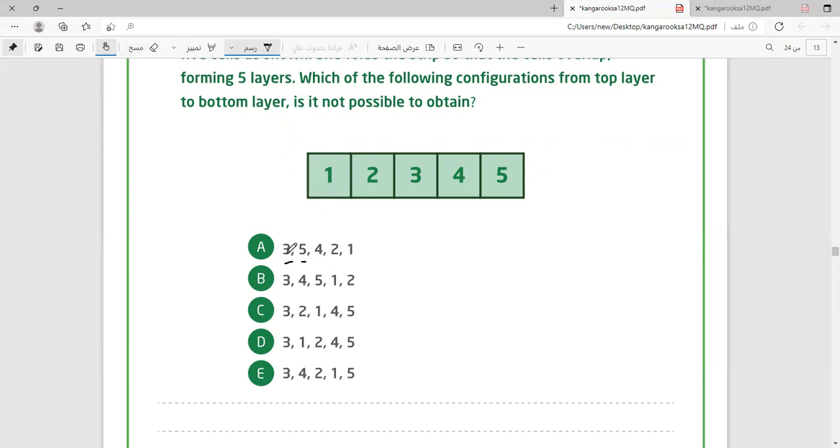It's okay if it's 5, 4 because they are consecutive numbers. When you count from 1 to 5, the 5 is after the 4, so it's okay to switch numbers that are beside each other. So 5, 4.